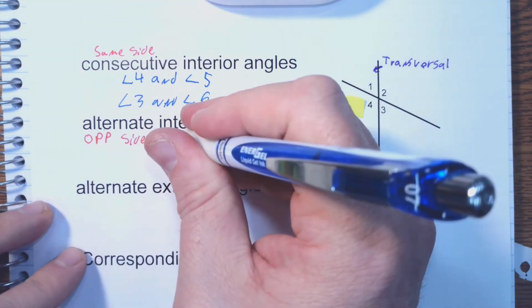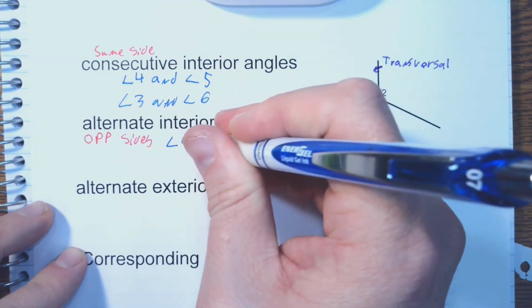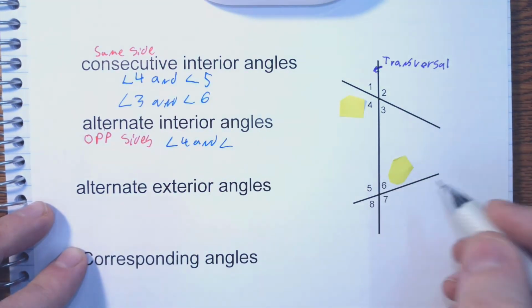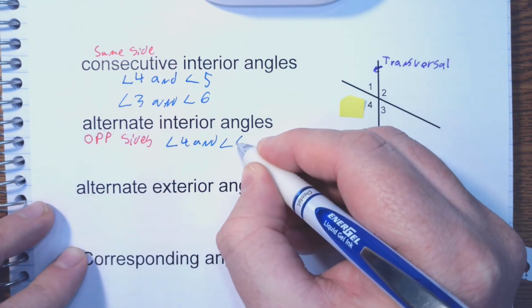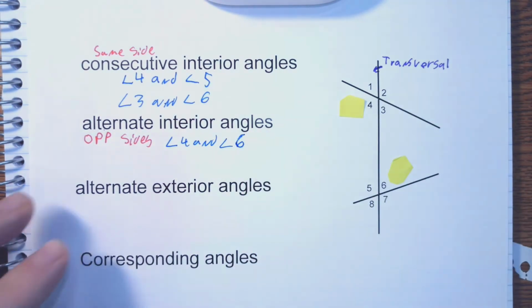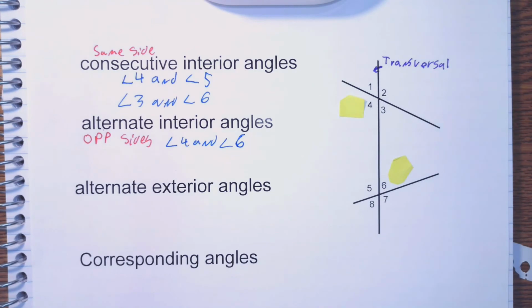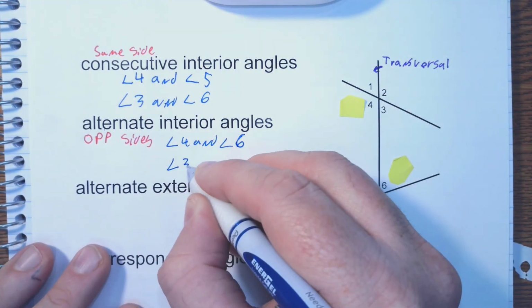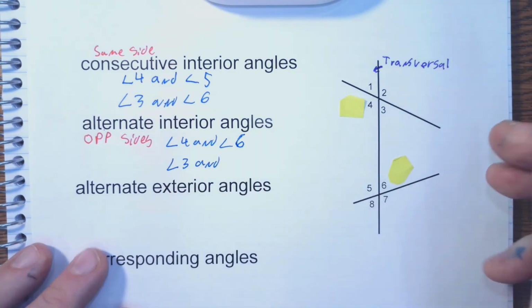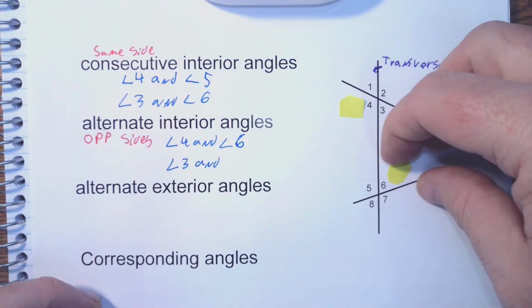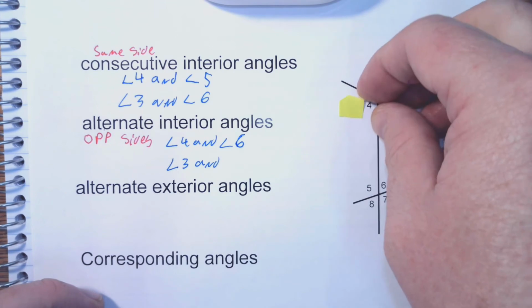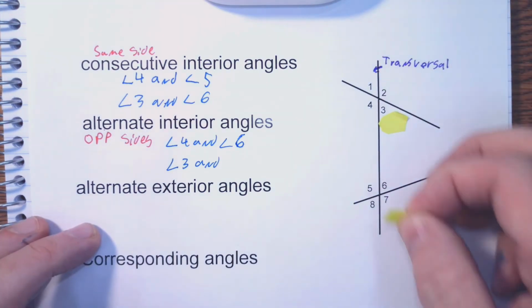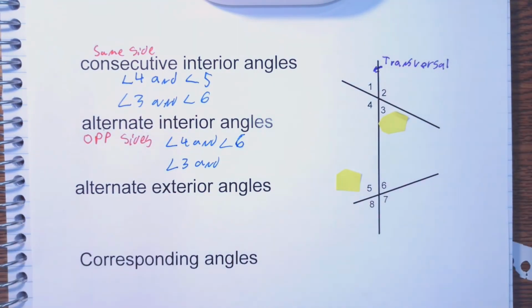Angle 4 and angle 6 are alternate interior angles. And I'm probably going to want you to do angle 3 and, are those alternate?